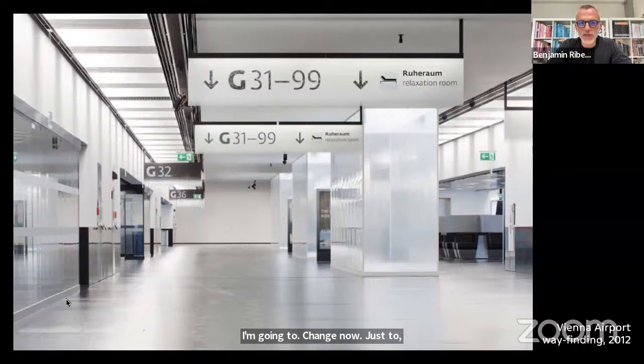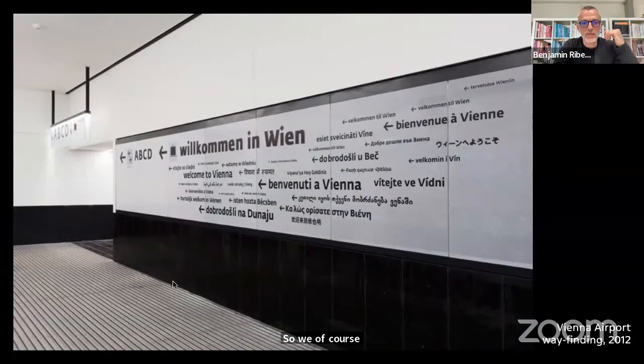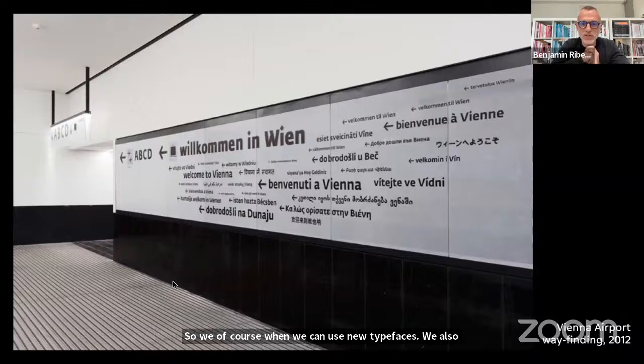We've already worked with Typotheque on the Vienna airport wayfinding system, which required a custom-made typeface. That's how we work at the studio. We try as much as possible to have something really singular, and it always goes through typography at the beginning. When we can use new typefaces, we are also interested in techniques and in the way that these typefaces can be observed, both digitally or in printing solutions.